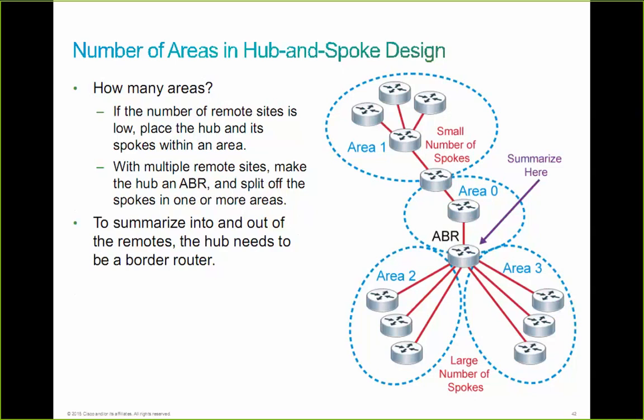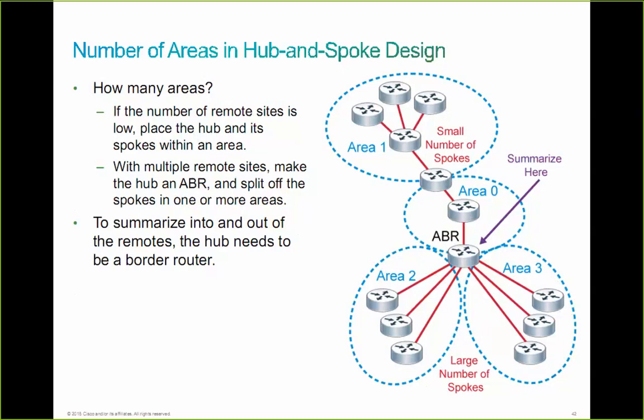Could also depend on the geography. Maybe all the routers on the left, area 2 here, are West Coast, and all the routers on the right, area 3, are East Coast. Who knows? And maybe area 0 is my data center in Dallas, right? All right.